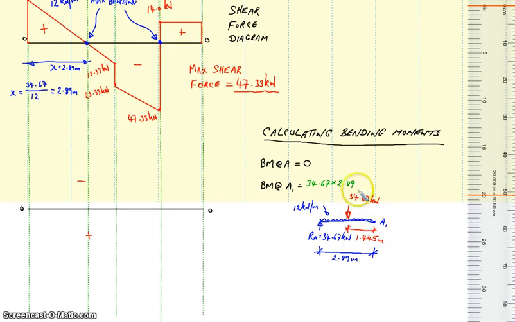Anti-clockwise moments are going to be considered negative, so I'm going to put a negative sign in there. And we have this 34.67 kilonewton converted point load, and it is 1.445 meters away from A1. So this becomes 34.67 multiplied by 1.445, and then we sum that up, and that sums up to be 50.10 kilonewton meter.